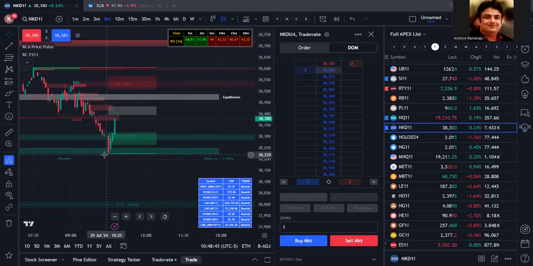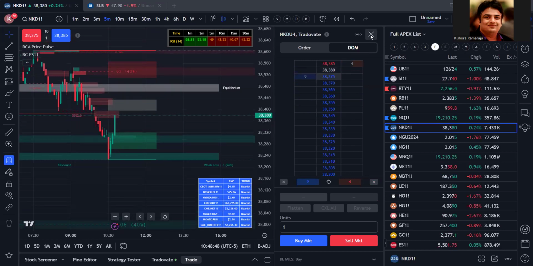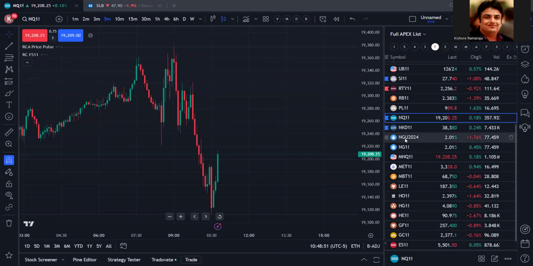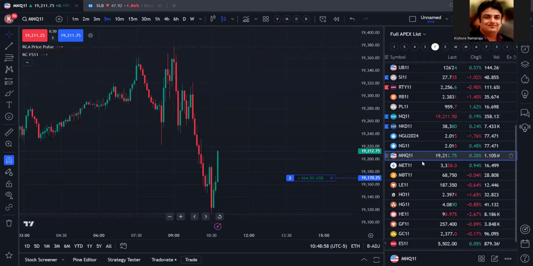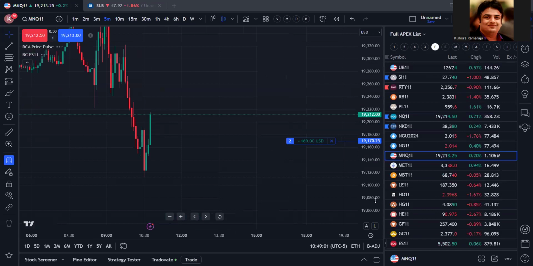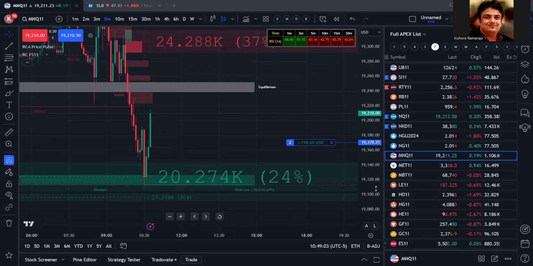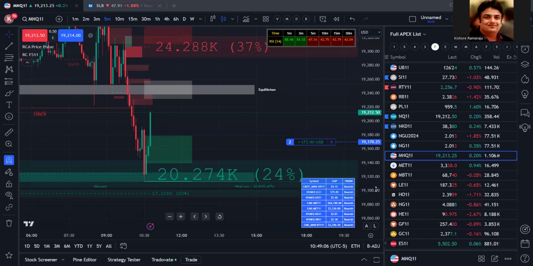It came all the way to the bottom, touched the support, started bouncing up. So NQ also, you can see MNQ. With just MNQs, we made nearly $170. With QQQ, we are making. NCLH is making huge.